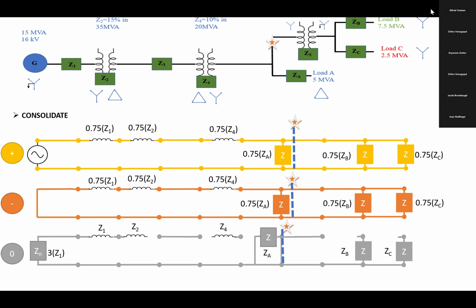Because there is no impedance here, it's going to be connected in series. So connect everything together, and then solve the network before the fault and after the fault.